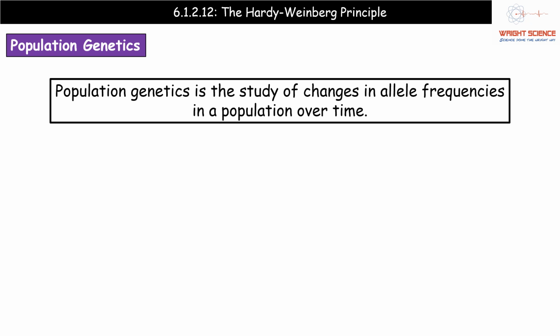Okay, what we're really looking at at this point is something we term population genetics. That's where we study how the different allele frequencies will change in a population over time. So we want to track how the frequency of alleles changes over a period of time, maybe down to changes in the environment, etc. So it gives us a way to have a look at this.